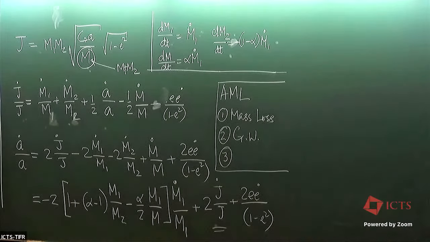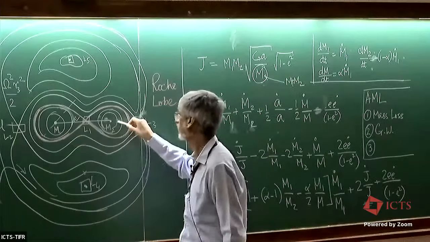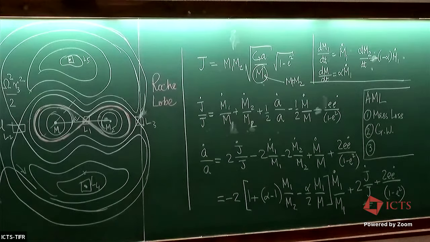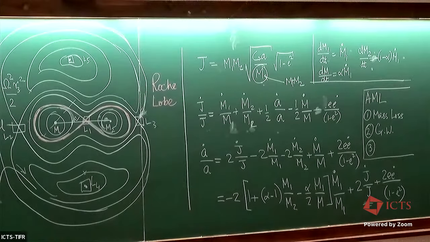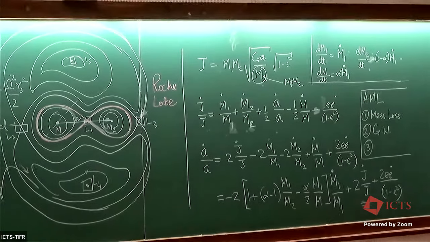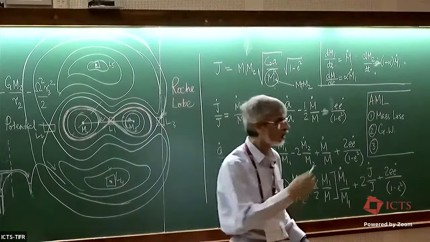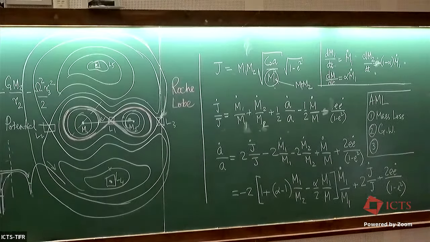As it tries to move away, it is now going to feel a torque, because you have some extension like that, and obviously there's going to be a tidal torque on it, which will try to bring it back. And this torque is going to go in the direction to always try to bring the star in co-rotation with the orbit.